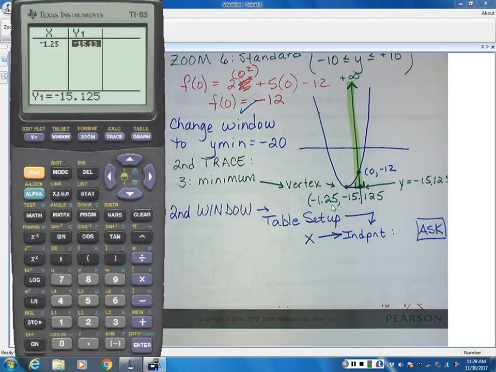The thing to keep in mind, though, is that it didn't come out to be exactly negative 15.13. It came out to be exactly negative 15.125.